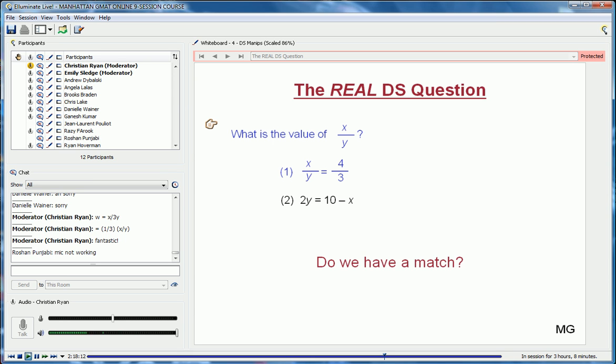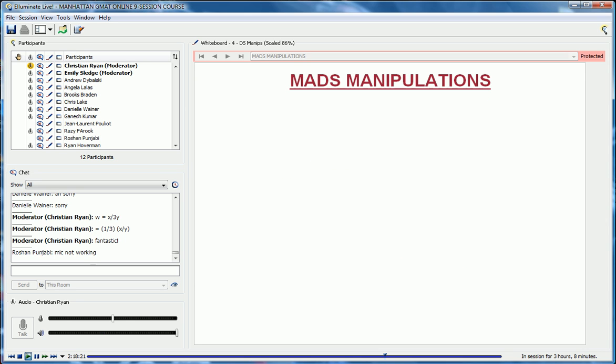Now, what are these ways that we can manipulate the question or the statement? We have an acronym for those, and we call it MADS. The MADS manipulations are 4 types of manipulations, and they're counterparts or flip manipulations, the reverse.